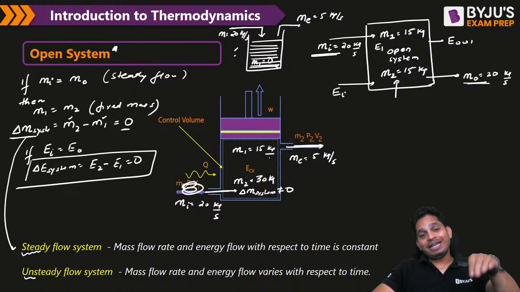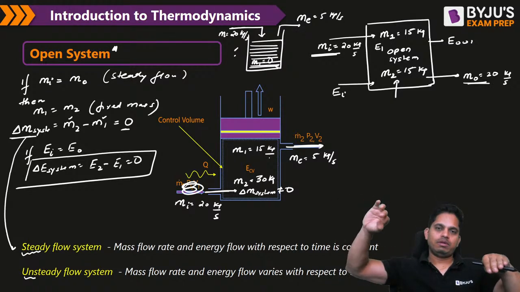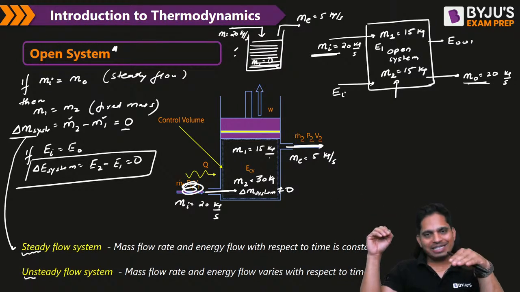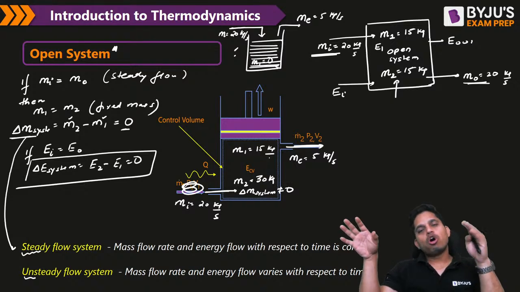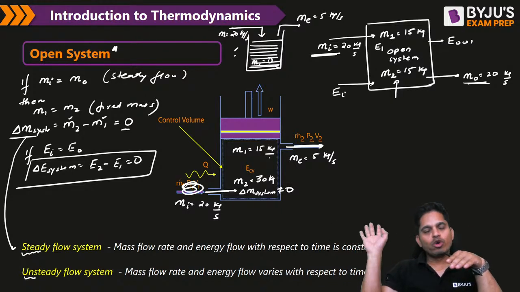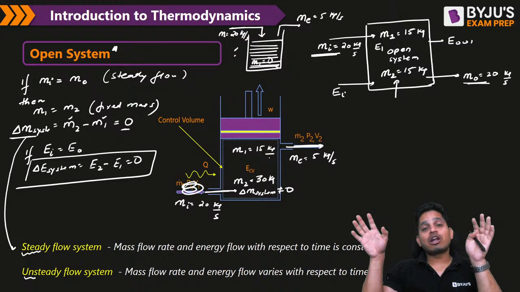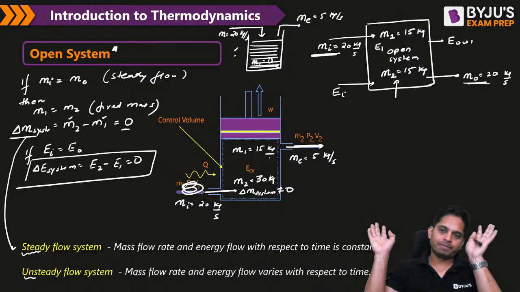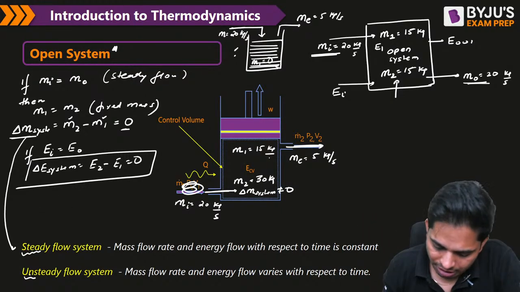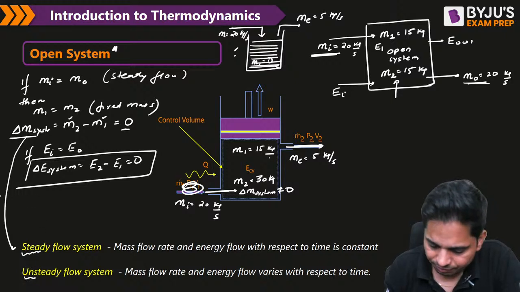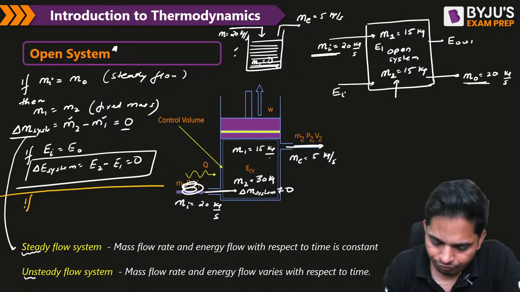So when mass in is not equal to mass out, you are either giving more mass and less mass is going out, or you are giving less and more mass is going out. These kinds of problems are called unsteady flow problems. So I can write it like this. If mass in is not equal to mass out, then you can say unsteady, and change of mass of system is not equal to 0.